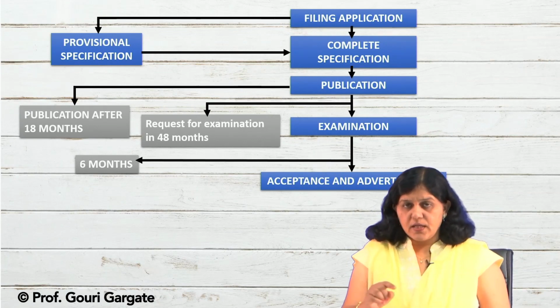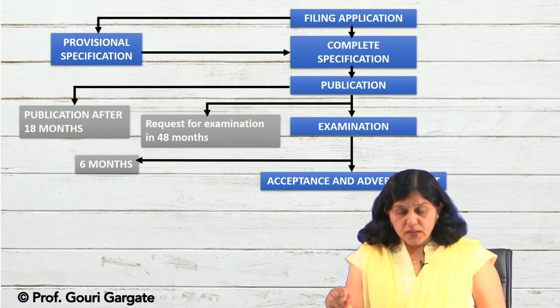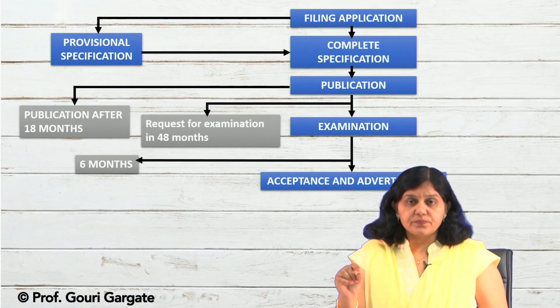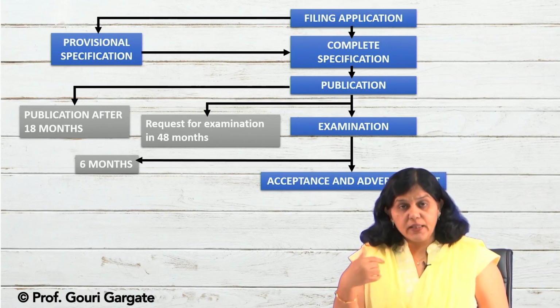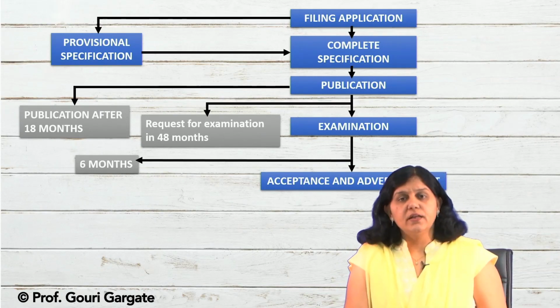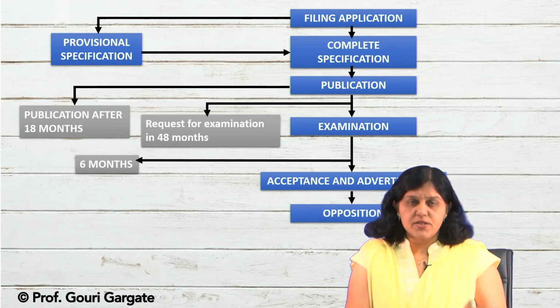So, the process started with the application, then publication, then examination, then the first examination report, then reply to that first examination report, then hearing, and after the hearing the patent will be granted, rejected or partially accepted.